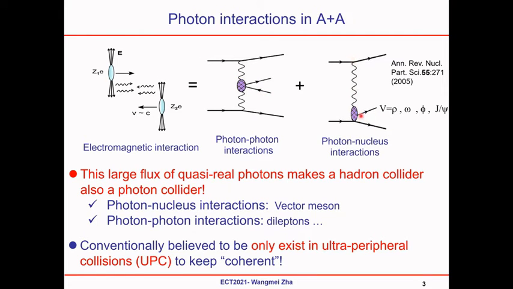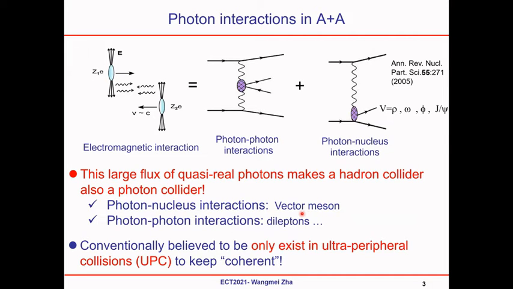The emitted photon interacts with the target nucleus, which gives us the production of vector mesons, for example rho, omega, phi, J/psi, and J/psi is really what we focus on in this presentation. So we can have photon-photon interactions and also photon-nuclear interactions. For the photon-nuclear interactions, it can be coherent or incoherent.